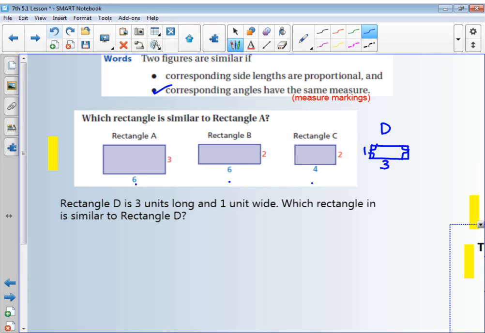Now you're going to pause your video and check which one of those other 3, A, B, or C, would have proportional side lengths, because we already know all of the angle measures are equal. Go ahead, pause your video now, and check to see which of those have proportional side lengths to D.